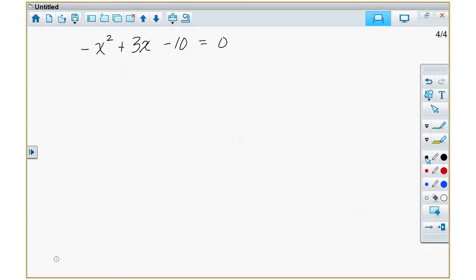Oh, wow. Negative x squared plus 3x plus blank is equal to 10 plus blank.